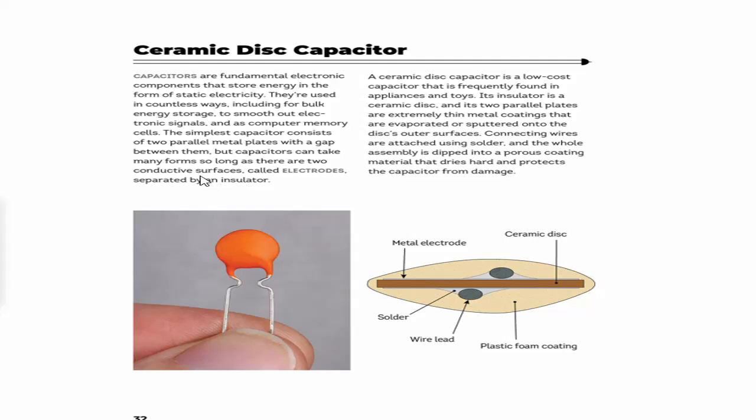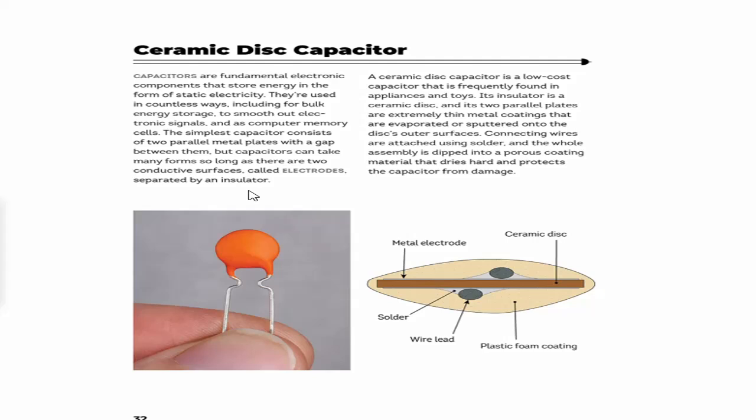The simplest capacitor consists of two parallel metal plates with a gap between them. But capacitors can take many forms so long as there are two conductive surfaces called electrodes separated by an insulator.